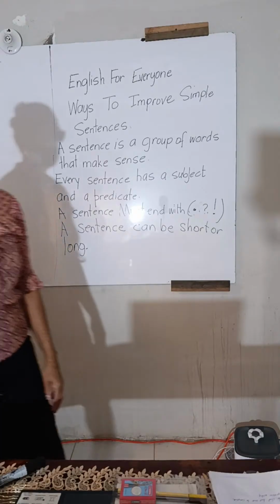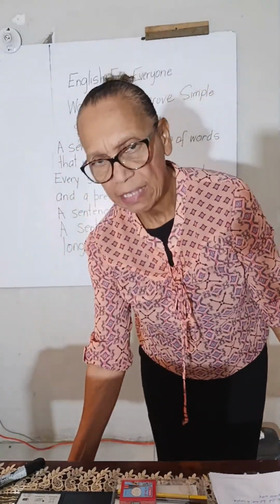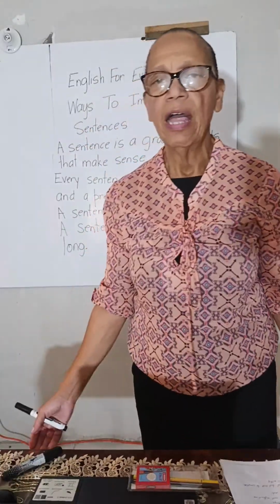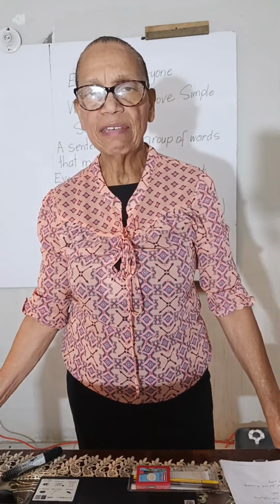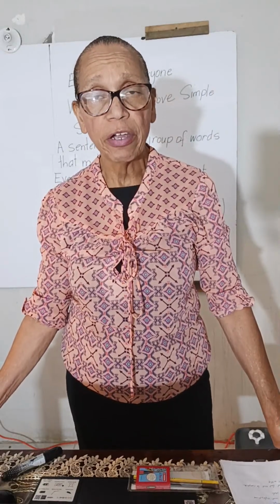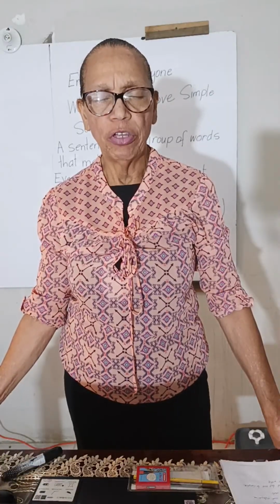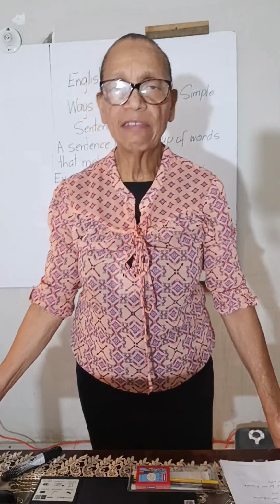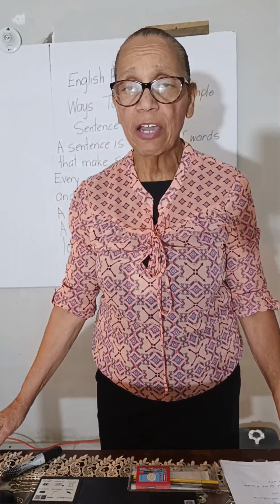What is a sentence? A sentence is a group of words that make sense. But remember, last week I said a sentence can be one word, like stop, run, because as long as there's a verb and a subject, you have a sentence there.